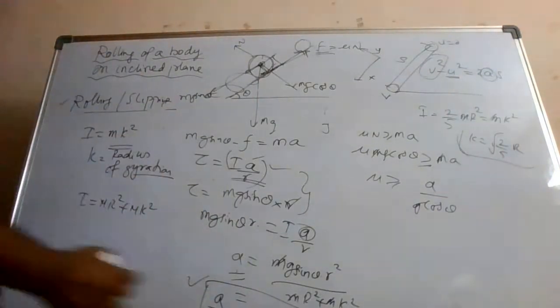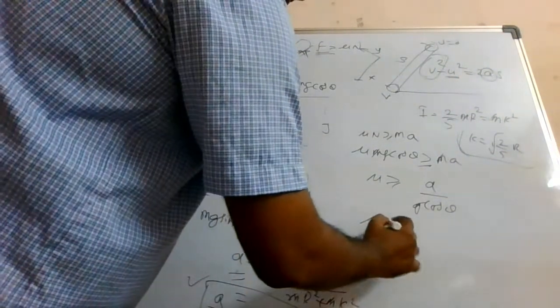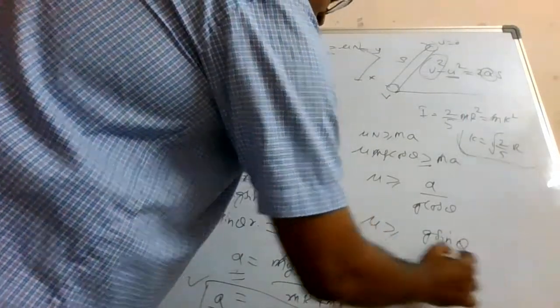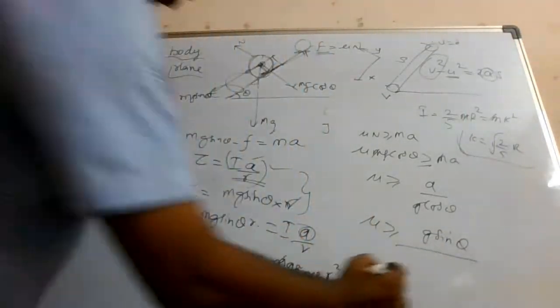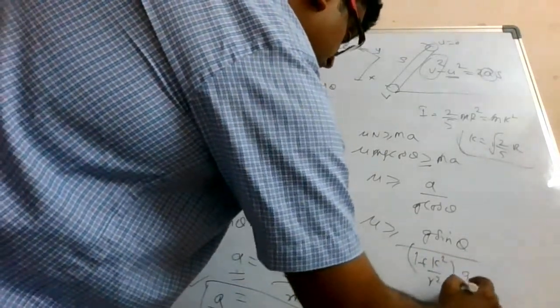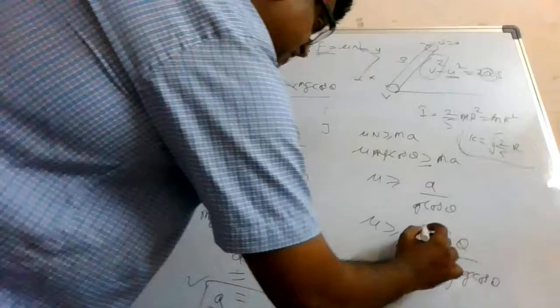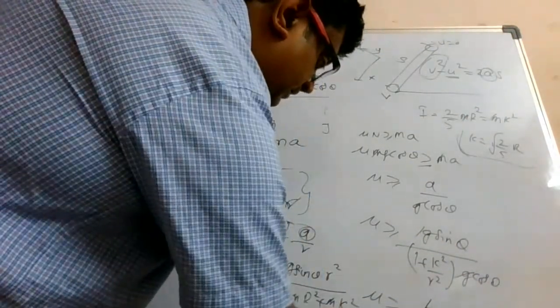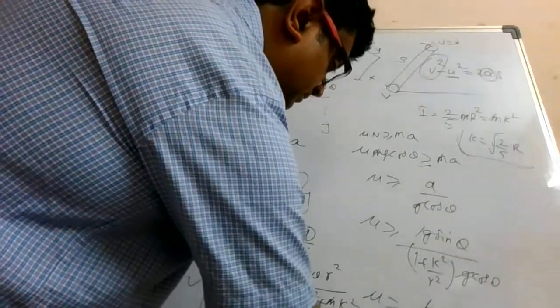But what is the value of a from this expression? So mu should be greater than or equal to g sin theta divided by 1 plus k square by r square, multiplied by g cos theta, or g cancels. Mu should be greater than or equal to tan theta divided by 1 plus k square by r square.